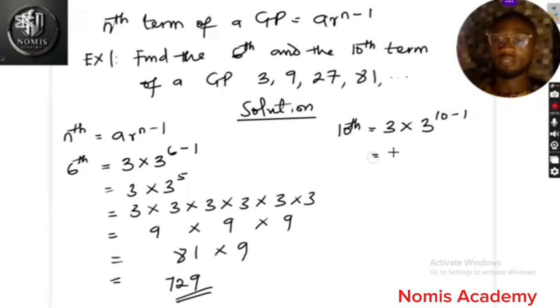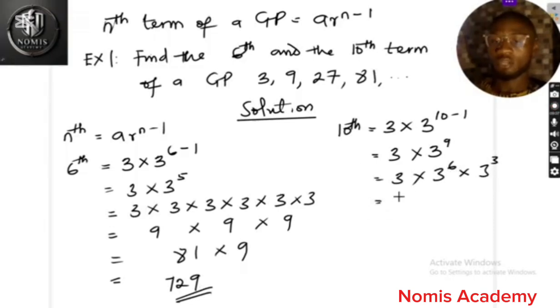So that will be 3 multiplied by 3 raised to the power of 9. Having known this, I can just split it: remember that this is 3 raised to the power of 6, so I can say 3 raised to the power of 6 multiplied by 3 raised to the power of 3 to make things easier for me.